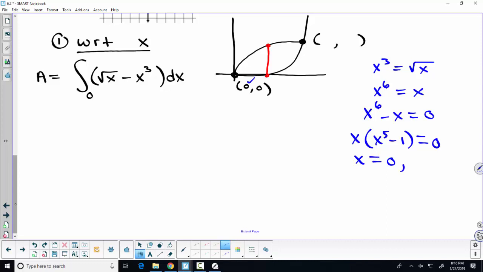And when x to the 5th equals 1, then x equals 1. So we can plug it back into either. We've got an x value of 1. 1 cubed is 1. Square root of 1 is 1. So we get the y value as well. Since we're working with both respects to x and y, we want both ordered pairs. That makes sense?